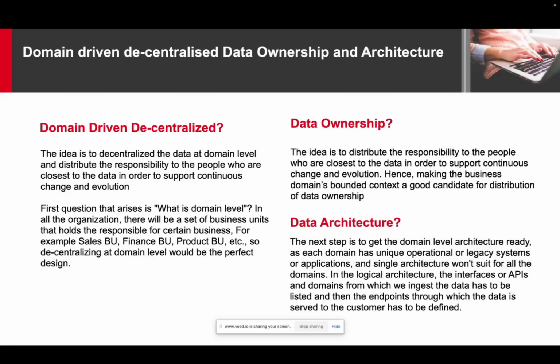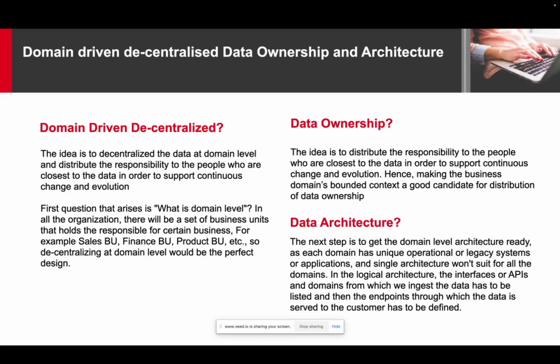They know everything, so they are considered the data owners. So in the first concept of this principle, we saw how to decentralize at the domain level. Then we saw how to identify the ownership of a particular domain.